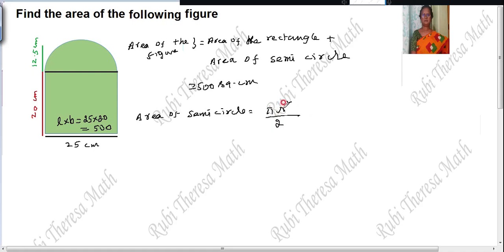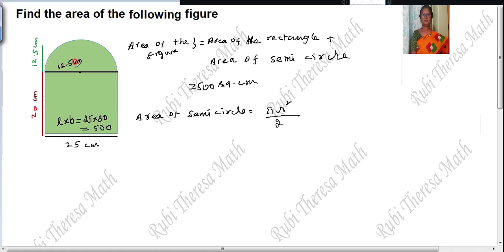So what is r? Here length is 25, breadth is 20. This length is the diameter of the semicircle. Diameter is 25, and half of 25 is 12.5. But they have given it in the problem itself, so no need to find it out.